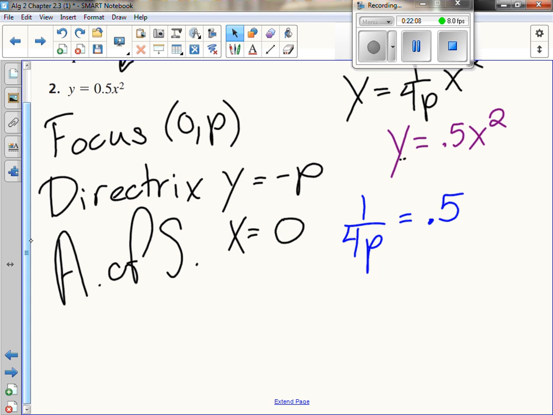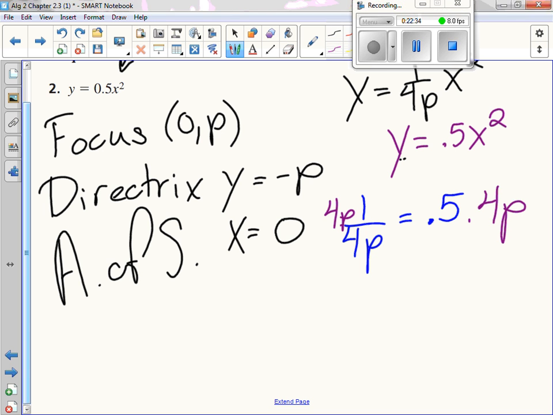Our steps do not change. So what did we do on the last two? First step in solving for p, after we got it set up like this. Y'all remember? We multiplied both sides by 4p, because we need to get the variable out of the denominator.